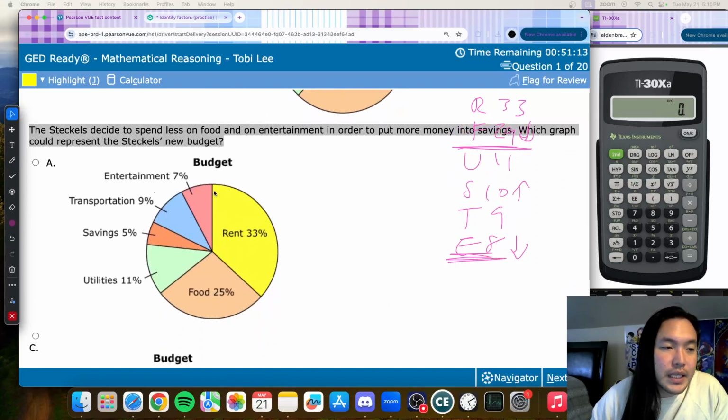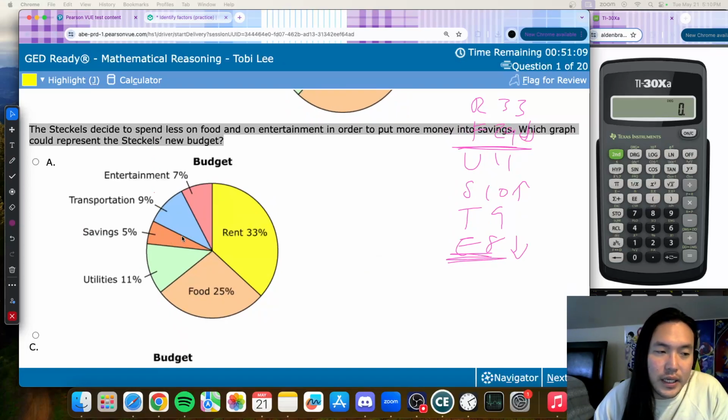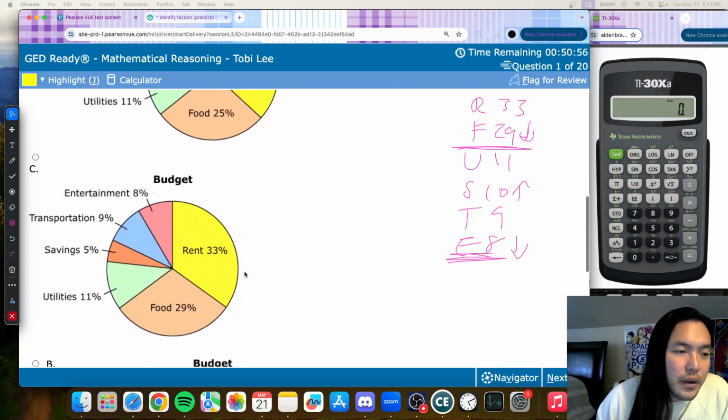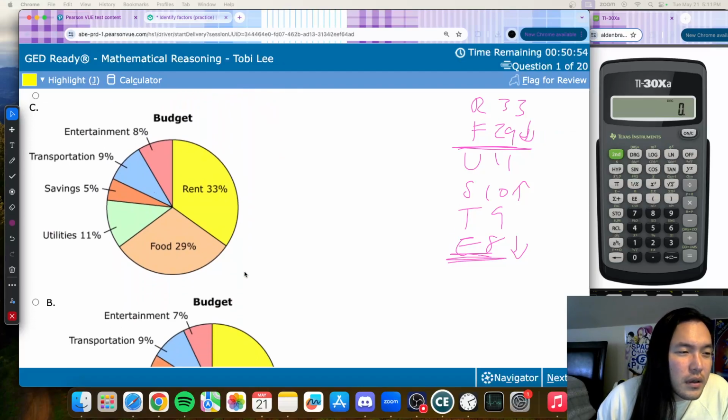So here entertainment went down, food also went down, but savings also went down. This is not correct. Here specifically, we want to spend less on food and entertainment to put more money into savings. Definitely less money went into entertainment and food, but it did not go into savings. Okay. Here food stays the same, entertainment stays the same, savings goes down.